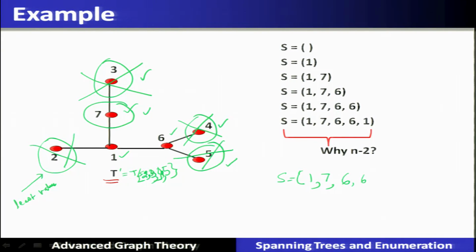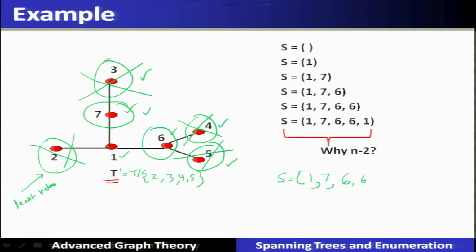So the resulting tree will be T minus 2, 3, 4 and 5. The leaves remaining in that resulting tree are 6 and 7.